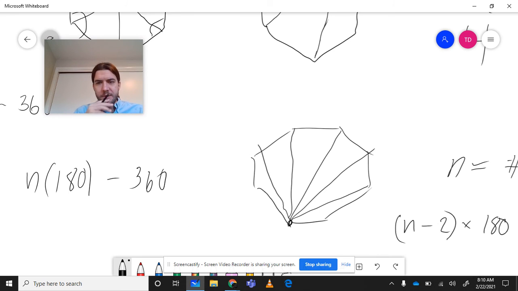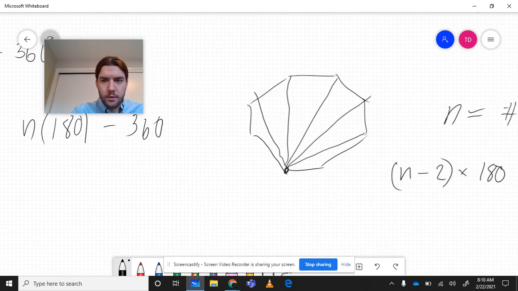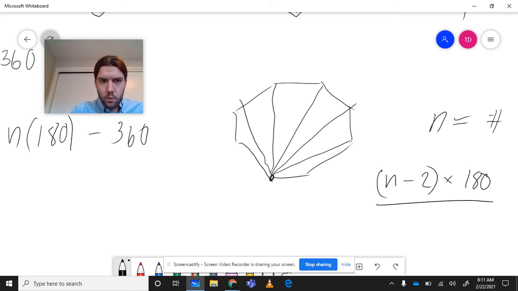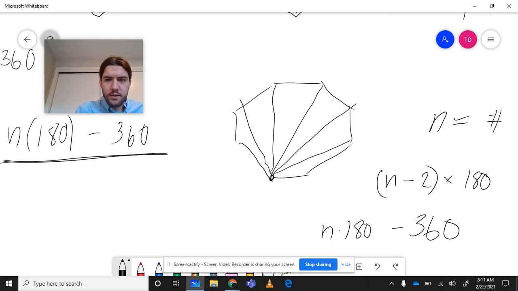Now these two are the same thing. If I was to distribute over here, I would get n times 180, and I would get minus 2 times 180. Well, minus 2 times 180 is just minus 360. So we have the same formula. It's just two different ways to approach it.